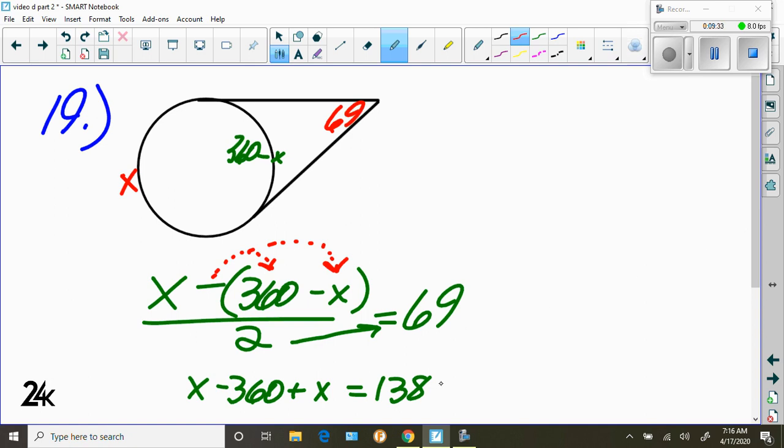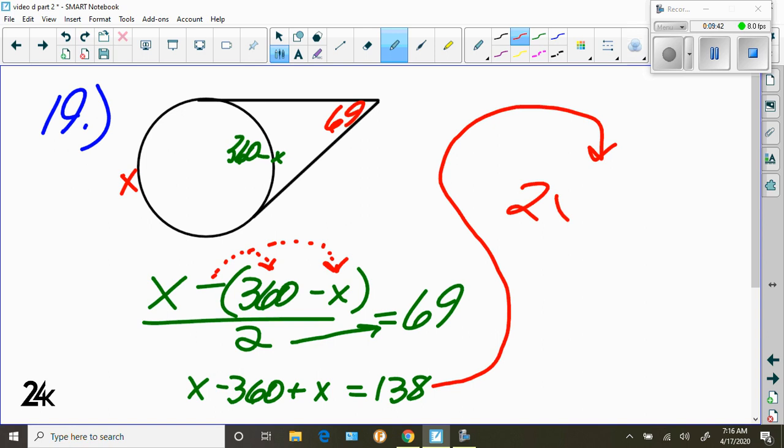Okay, so now I'm not going to scroll. I'm going to write it over here. X plus x is 2x minus 360 equals 138. And I'm going to add 360.